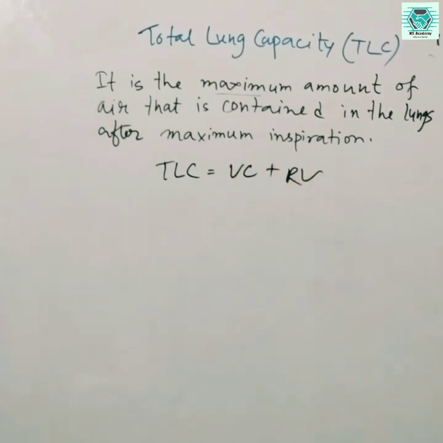Now we know what vital capacity is. It is actually the amount of air that can be breathed out by maximum expiration, right? So I will discuss vital capacity now.